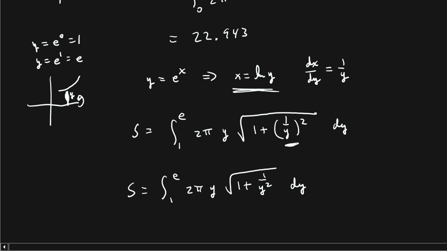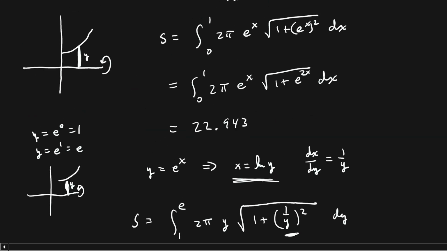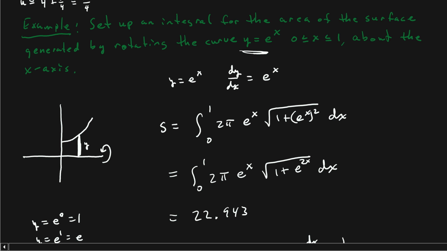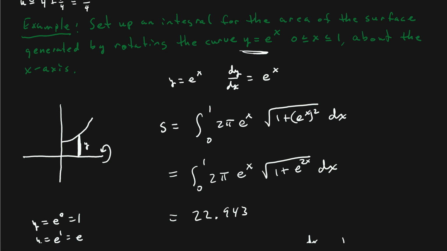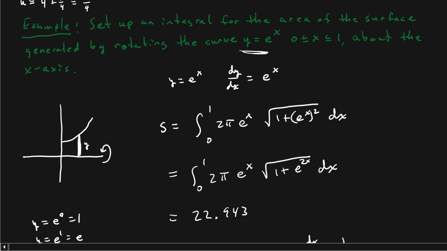And then the radius is y here, so it's just going to be the y. But over here, we said we want to set it up in terms of x. So we got y in terms of x, so there's your derivative. And your radius is y, but you're integrating with respect to x. So what is y? Well, y is e to the x. It's really not that difficult. I hope you get the concept and understand what I'm trying to tell you, because if you do that, they're easy to set up.